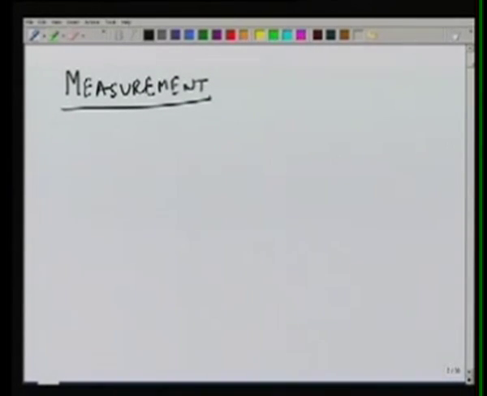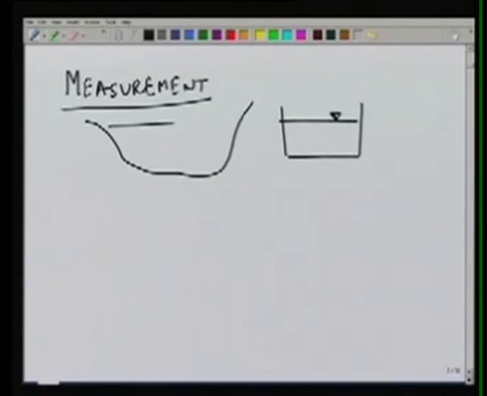Now measurement of evaporation is quite straightforward: we put a pan. Let's say we want to estimate the evaporation from a lake. So on the surrounding area or nearby this lake, we can put a pan and we measure the water level at different times.